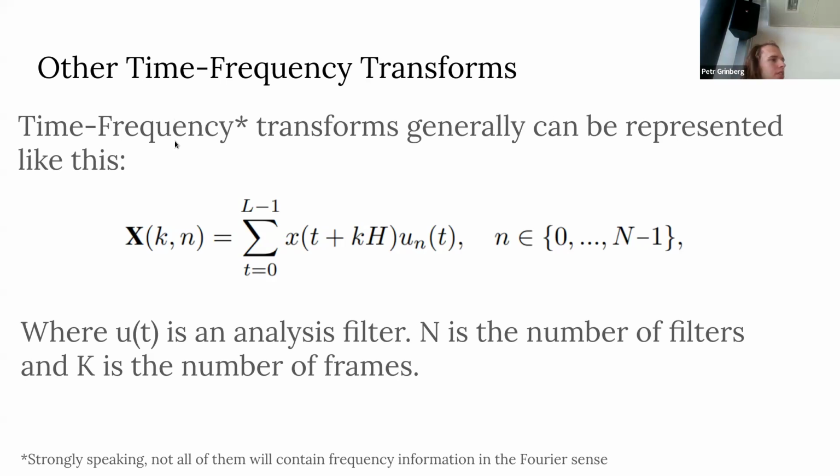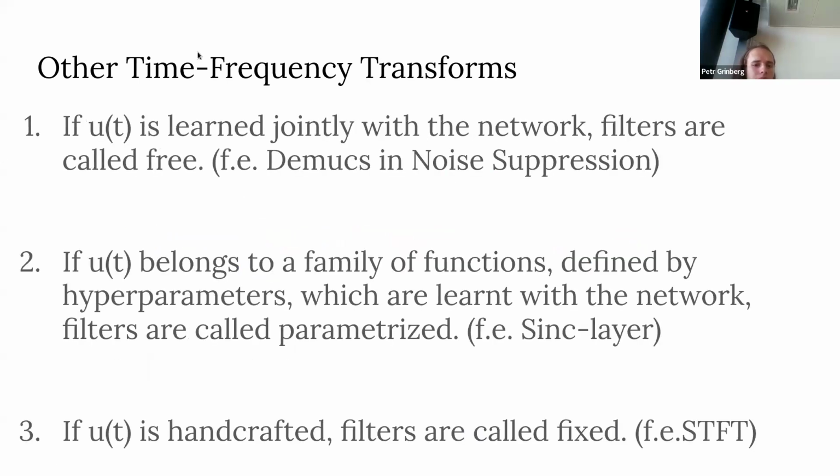Note that here frequency is not frequency in a Fourier transform sense, so it's still called a time-frequency transform. But if our filter is not like e to the power of something, these won't be frequencies in the standard sinusoid sense. We will just call them frequencies, but it will be something else completely.